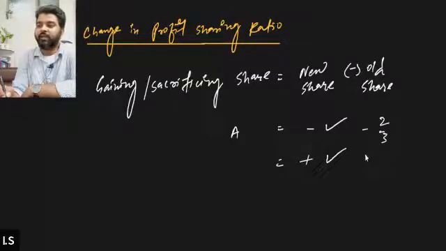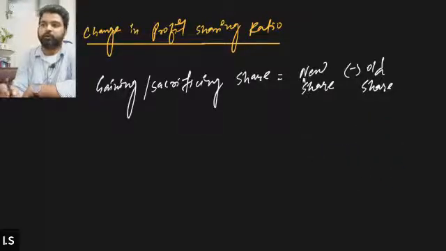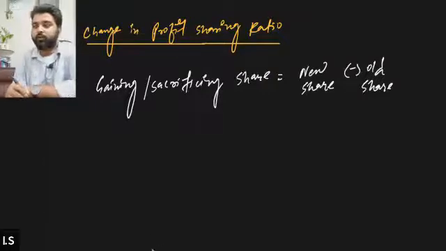That means A is sacrificing, and if A got +2/3, that means A will be gaining due to such change. This is the formula that you will have to remember, because we will be using this formula in all the questions that we will do.